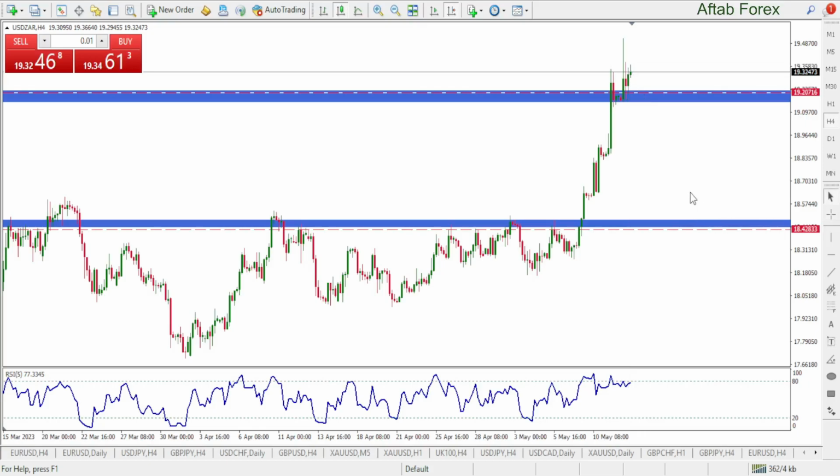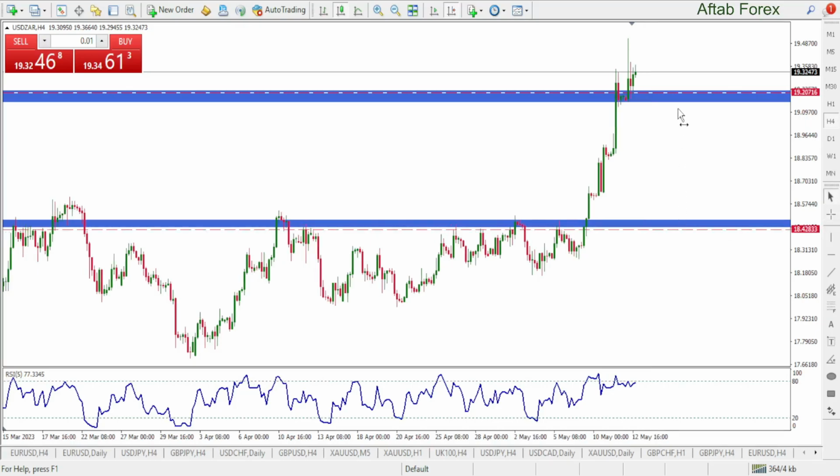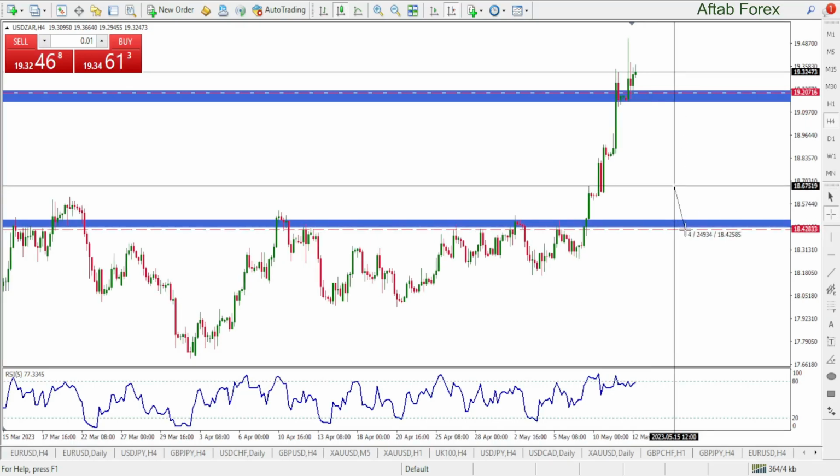We have now three. Let's say we have seen this on a daily time frame, top down approach. I know this is a very strong level. Second, when the price comes back down, I will be looking for the role reversal. I already know that this is a role reversal area.